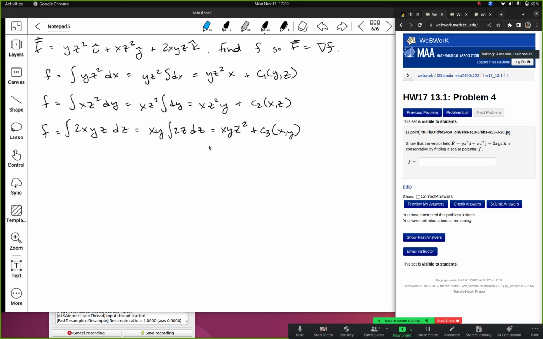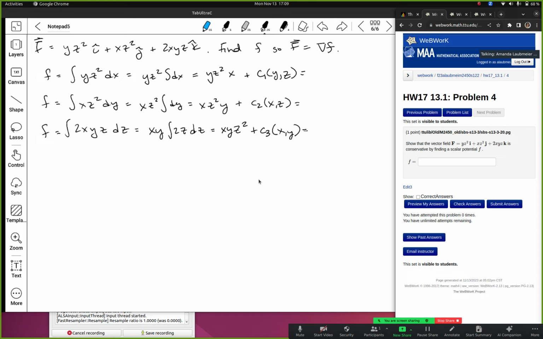So when you're doing your own problems, you don't have to do this pulling out of the integral if you don't want to. I just did it to kind of show why I'm skipping yz squared, xz squared, and xy, because those things are constants with respect to the variable we're currently integrating.